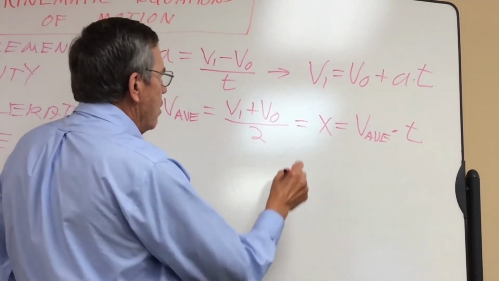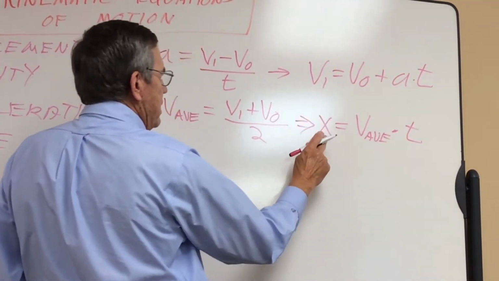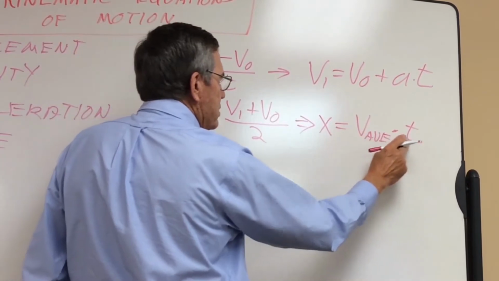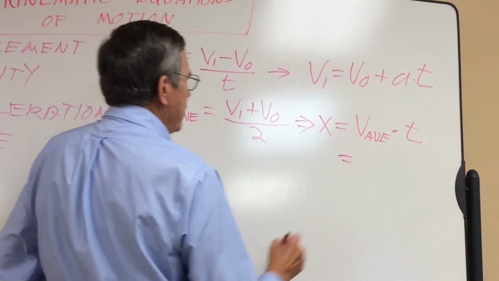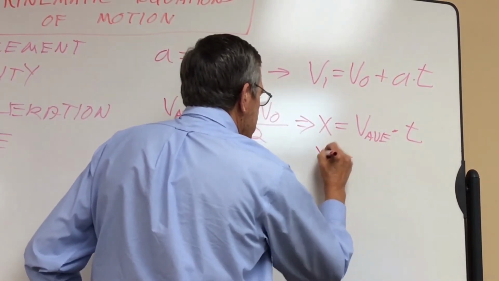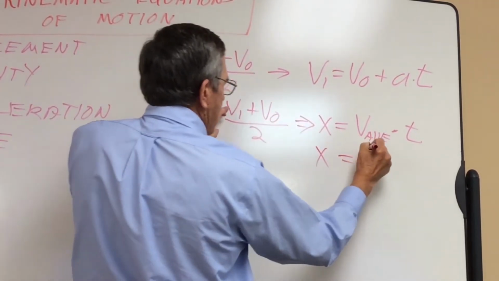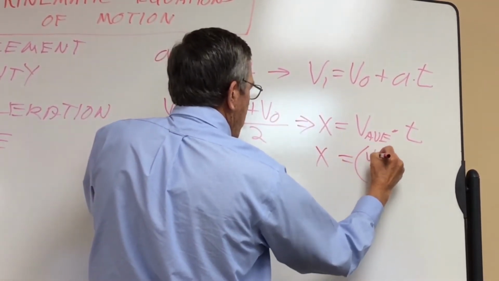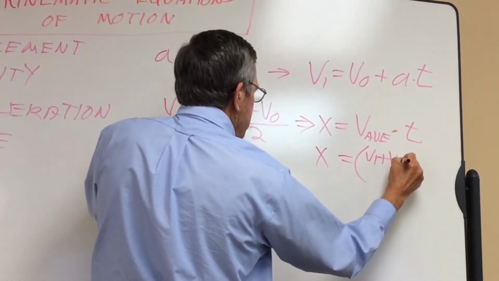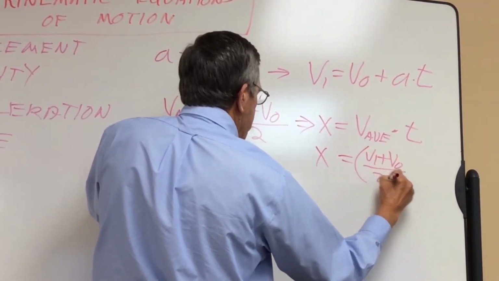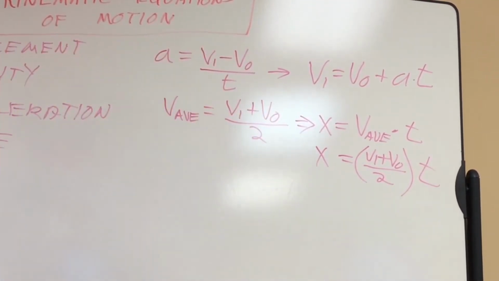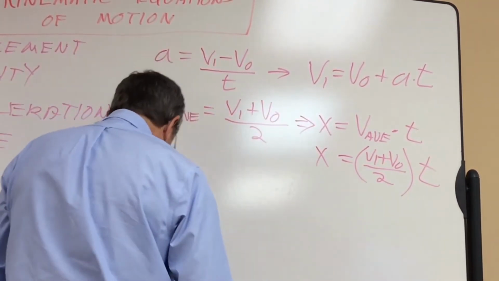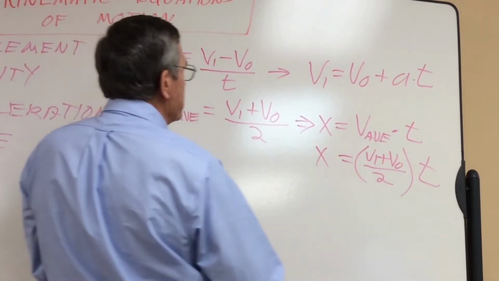So this implies that x equals v average times t, which I can then plug in for the average, and I'll have x equal to parentheses v1 plus v0 over 2 times t. So this was our first kinematic equation.